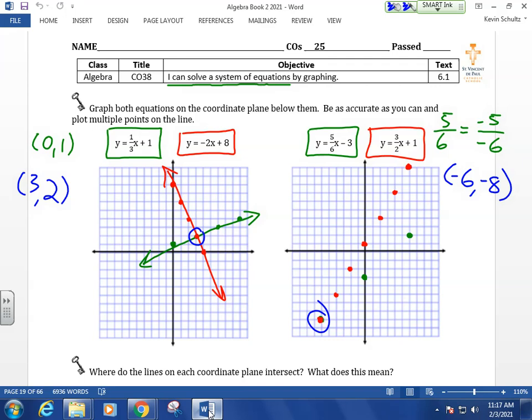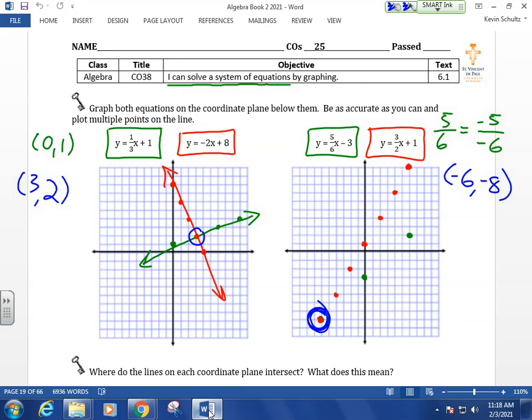So if they wanted to, for example, target boys, and the red equation here represents when boys typically watch TV or what channel, and the green represents the age group 14 to 18, where these two things meet is the point where boys aged 14 to 18 typically watch either a channel or time or whatever. Okay, so they can target that advertising group for a particular product. Right? Just a couple applications there.